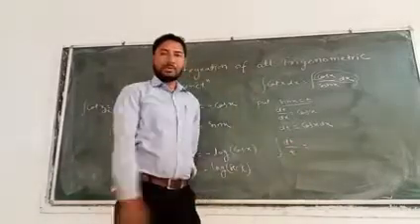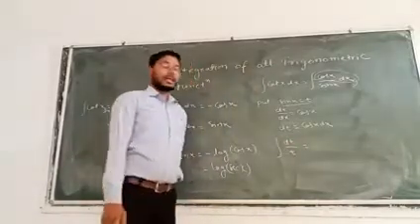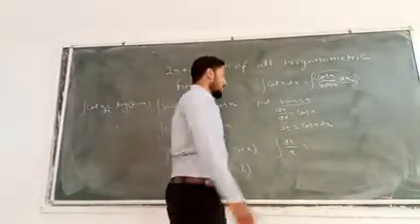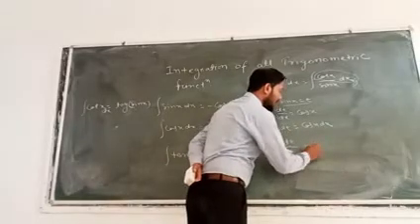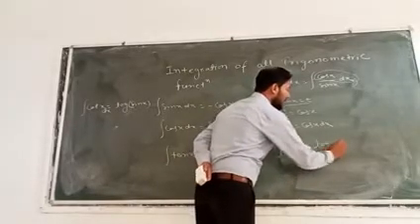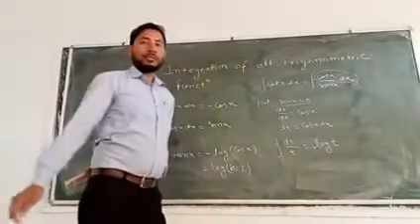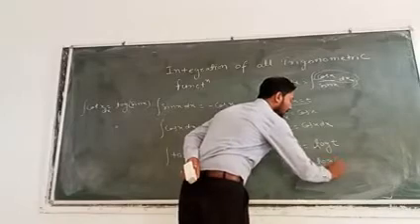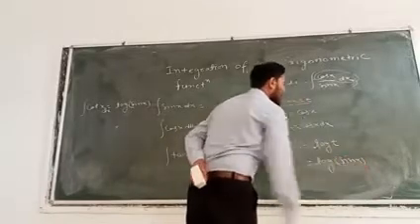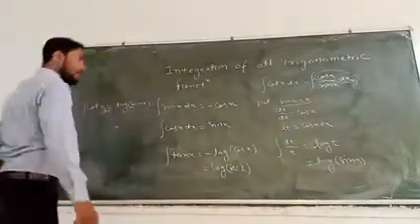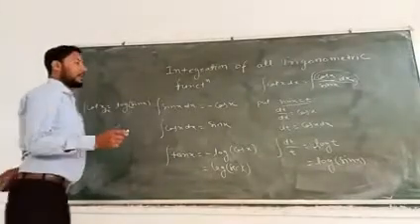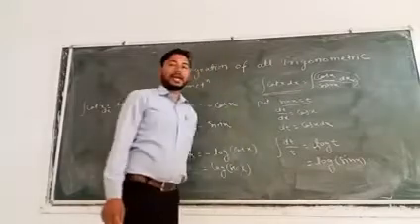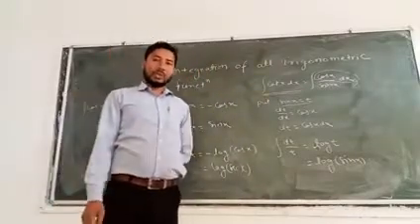From the integration formula, we know that the integration of dx upon x is equal to log x. Similarly, the integration of dt upon t is equal to log t. Now, putting the value of t, we find log of sin x. It is clear how we find the expression for the integration of cot x.